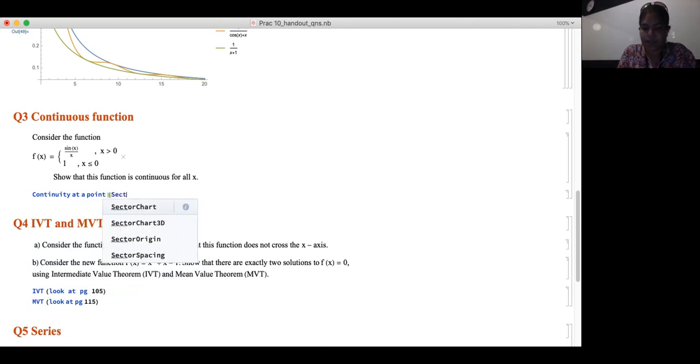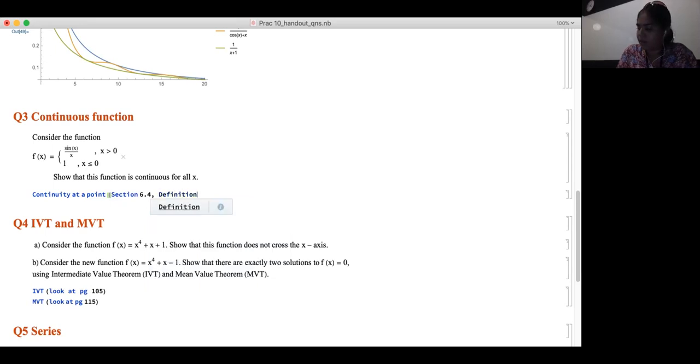This is section 6.4, I think definition 12.